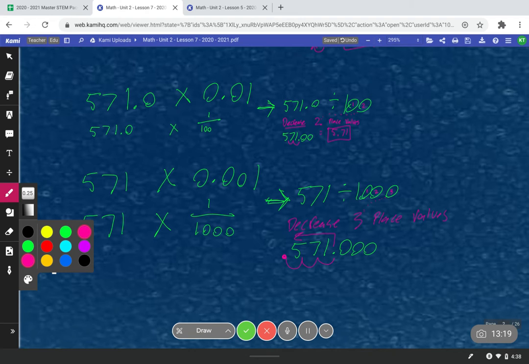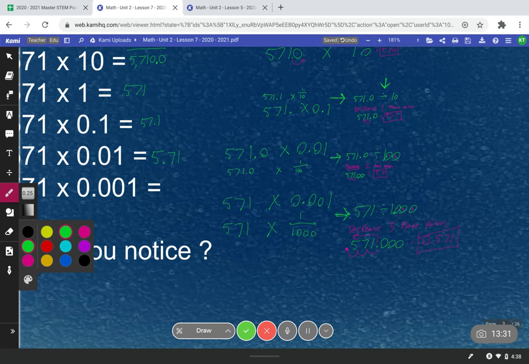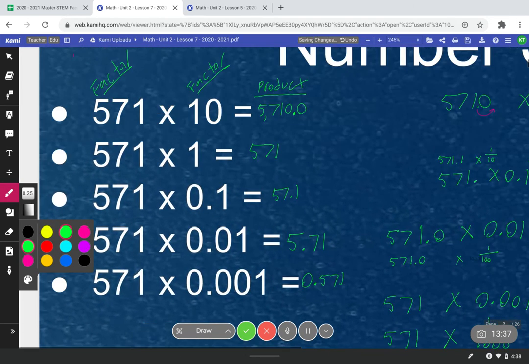There it is. And our final answer is going to be 571 thousandths. Okay, let me write that down. 571 thousandths.